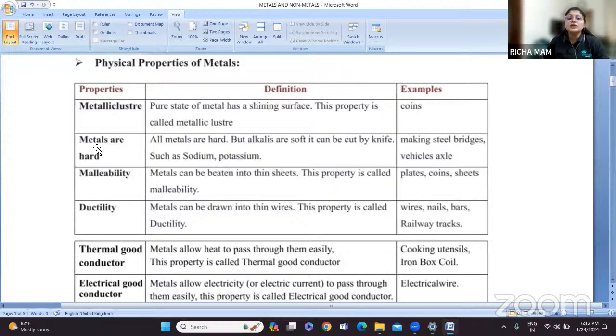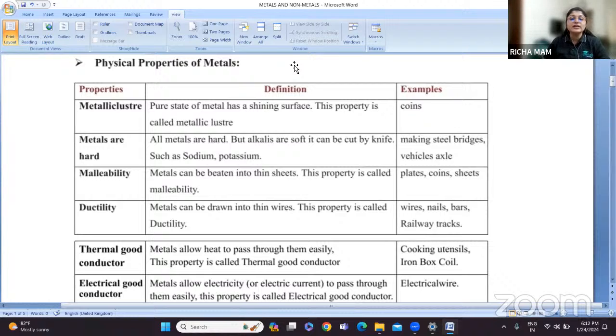So metals are hard. All the metals have this unique physical property, they are very hard. But the alkali metals are very soft. For example, sodium. You might have worked with sodium. Sodium is preserved in kerosene because it is very highly reactive.